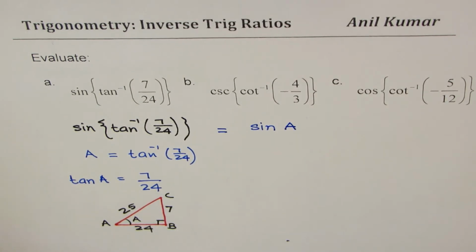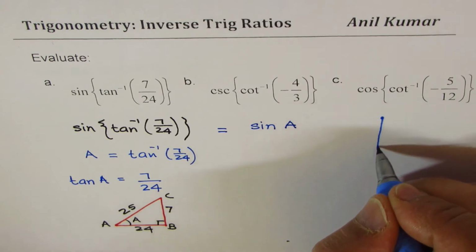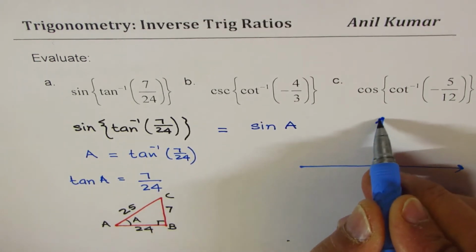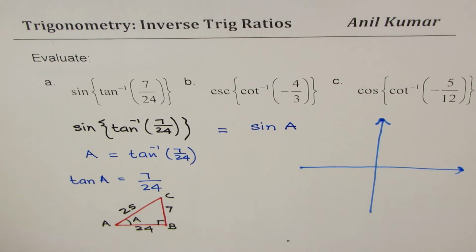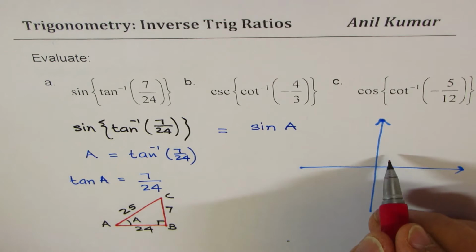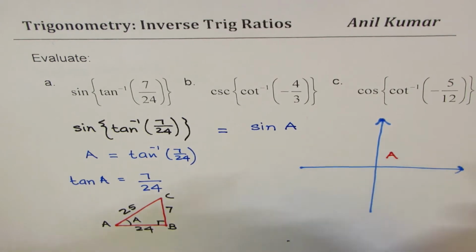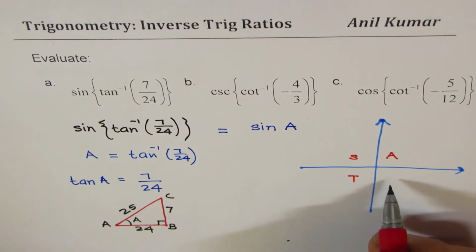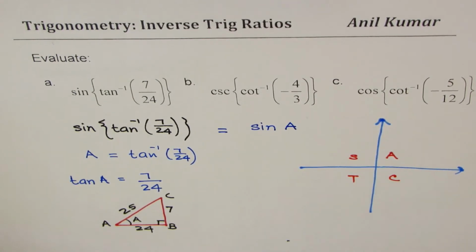However, this question hides another very important concept, and that is, let's get back to this. Let's look into our coordinate system. Now in this coordinate system, you know that all are positive in quadrant 1, sine is positive in quadrant 2, tan is positive in quadrant 3, and cosine is positive in quadrant 4.